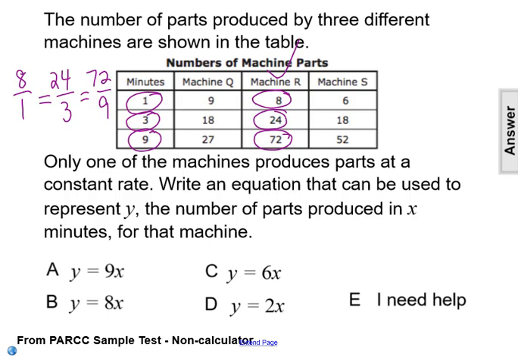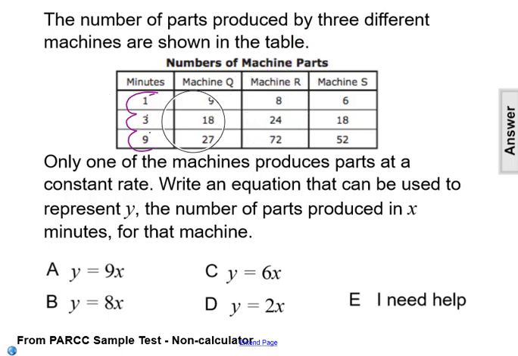Let's just check machine S before we move on to the equation that could represent machine R. Let's make sure machine S is not also producing parts at a constant rate. Let's check 6 over 1, 18 over 3, and 52 over 9.